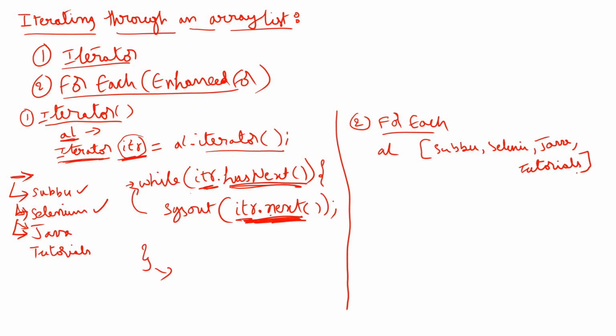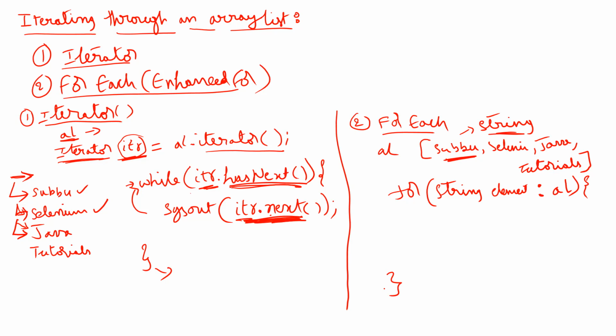So first what we have to do is, this is of the type string. So first we have to create a for loop like this, and then we have to give the data type of the elements in the collection, which is String, and then I will give a name to this one, which is, let's say, element, and then I have to give the name of the collection.